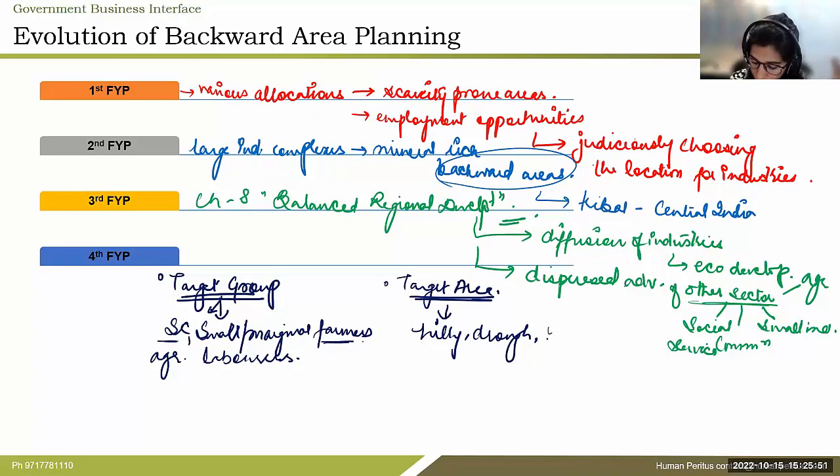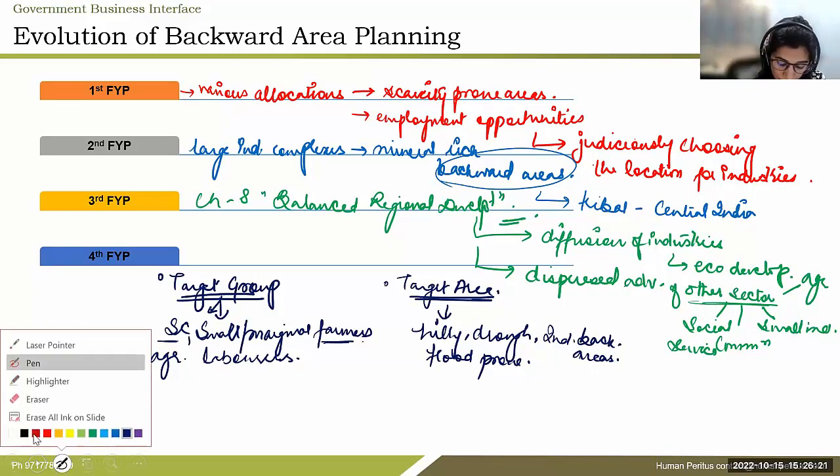Industrially backward areas, for example. All right. So flood prone areas. So these kinds of areas were being considered as target areas. All right. So it focused on people as being backward, as well as the areas as being backward. So accordingly, there were various plans, various programs which were being formulated under each of the things.